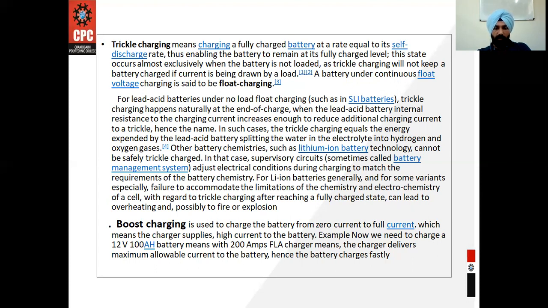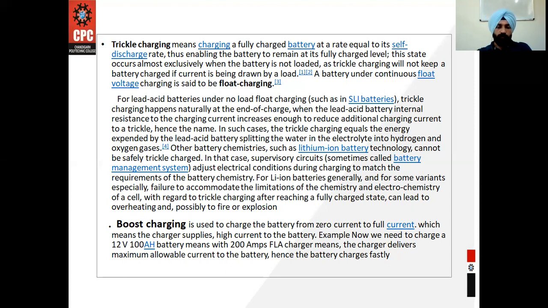In that case, supervisor circuits, sometimes called battery management systems, adjust electrical conditions during charging to match the requirements of the battery chemistry. For Li-ion batteries, failure to accommodate the limitations of the chemistry and electrochemistry of a cell, such as trickle charging after recharging to a fully charged state, can lead to overheating and possible fire or explosion.